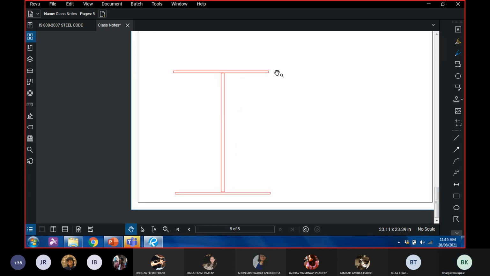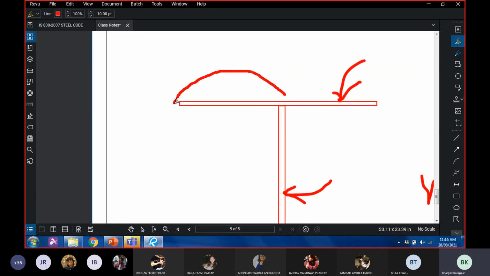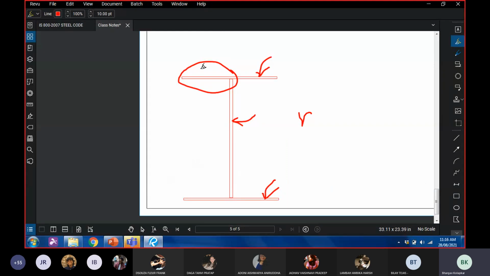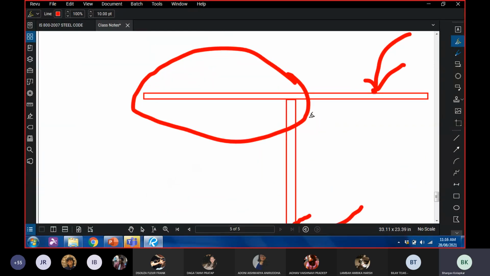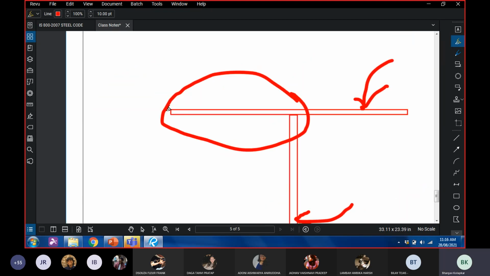Now, if I look at it as a single section, then it might have a significant value of R, and it might not buckle. But the I section is under compression. It itself means that the flange is under compression, this web is under compression, and this flange is also under compression. So if I look at only this portion, even though the section as a whole might not be slender, a component of it might be slender. So even though the section would not buckle, this component might buckle.